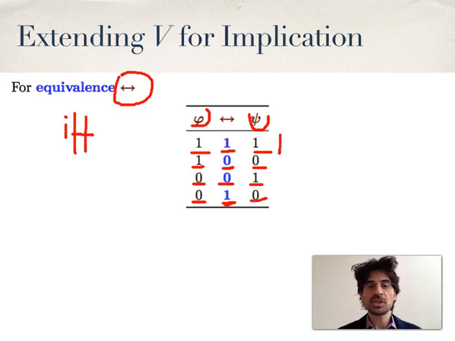So what this shows is that the statement phi if and only if psi is true whenever the components have the same truth value. They could either both be true, as in this case here, and then the double implication will also be true.